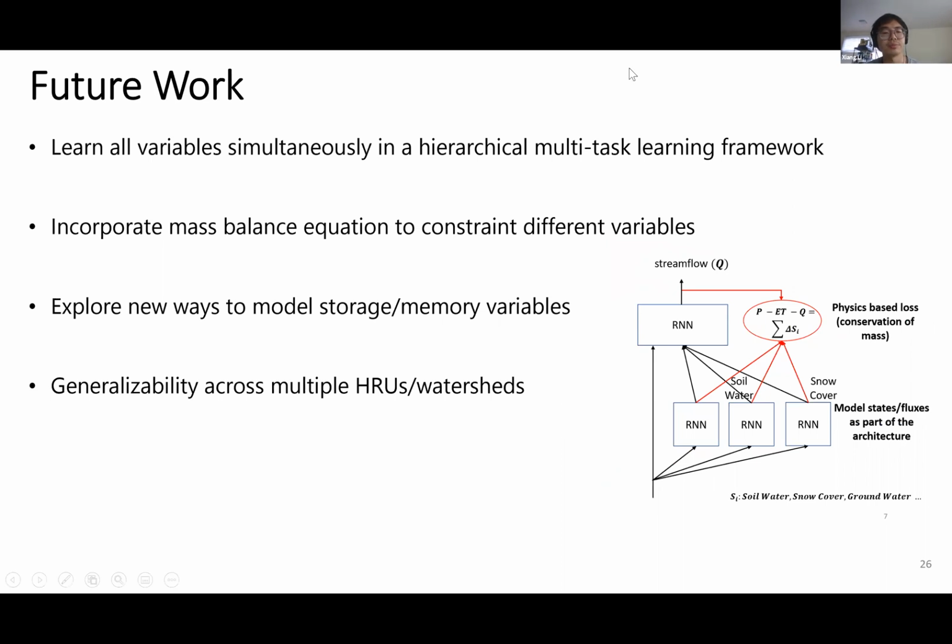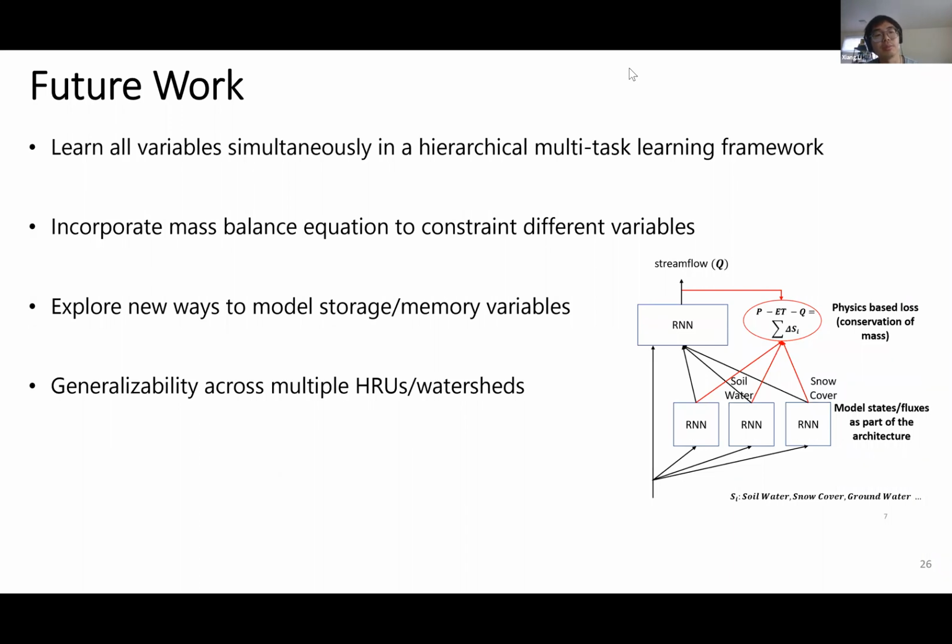So in the future, what we propose to do is to learn other variables in a hierarchical multitask learning framework. Multitask learning is another regime besides classic deep learning, and it could help address the streamflow prediction task. We see it as another thread to pursue later.